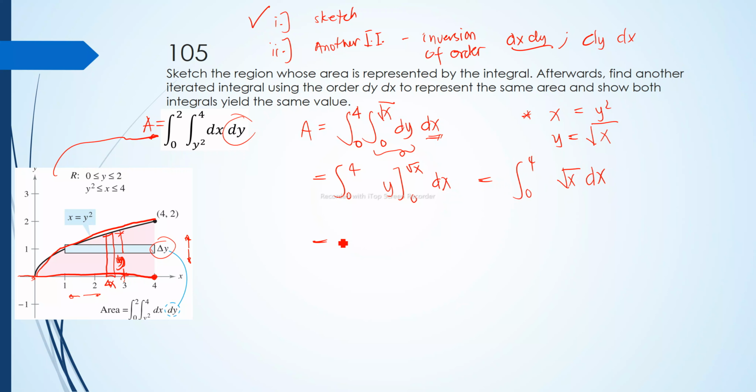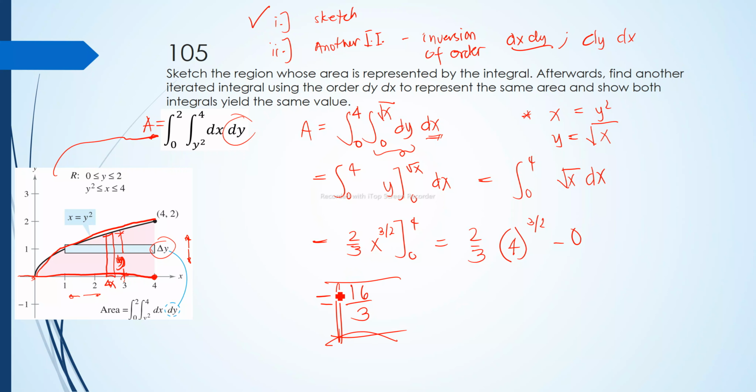From there, we have 2/3 x raised to 3/2 evaluated from 0 to 4. So you have 2/3 times 4 raised to 3/2, minus 0. And eventually, our result is 16/3.